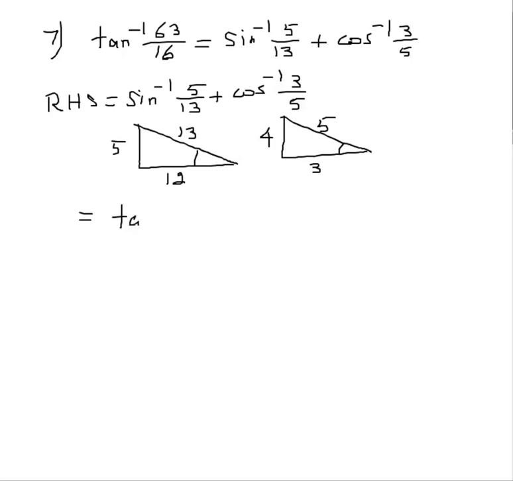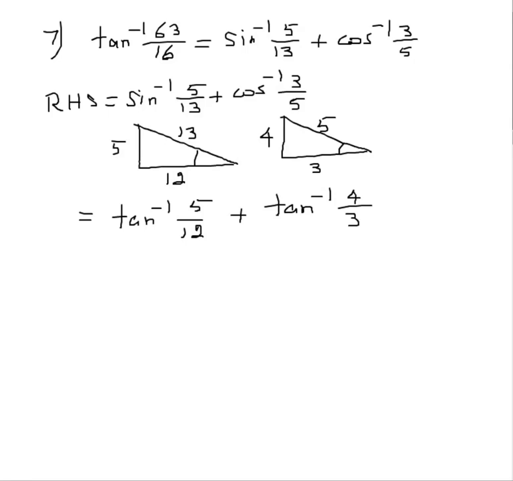Now we will change both of them to tan inverse. So the first one, from the first triangle, sin inverse of 5 by 13 becomes tan inverse of 5 by 12 plus tan inverse of, from the second figure, 4 by 3.